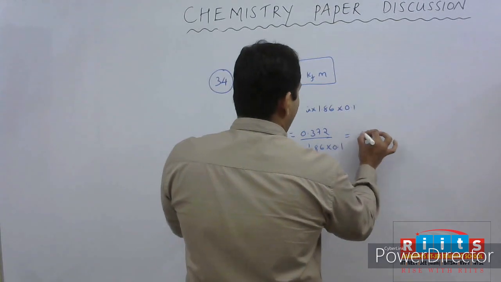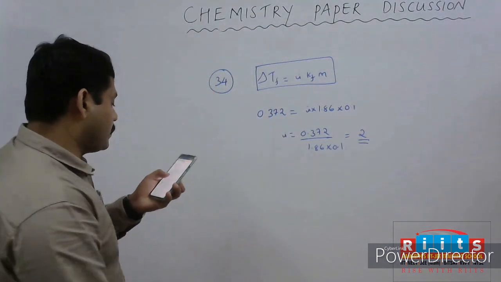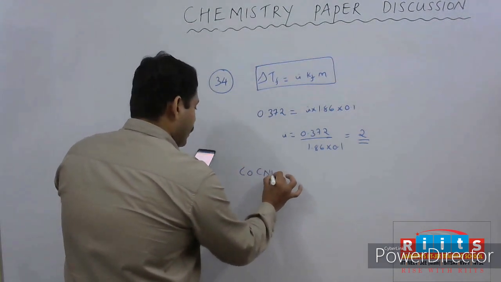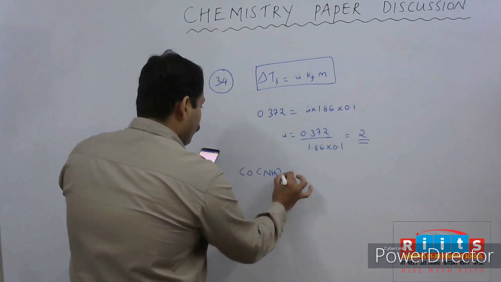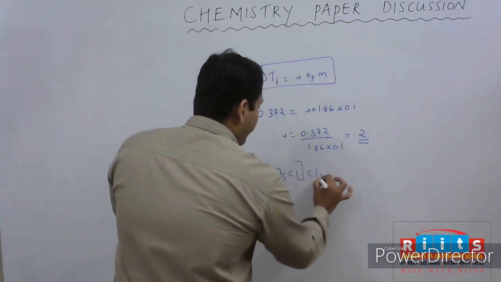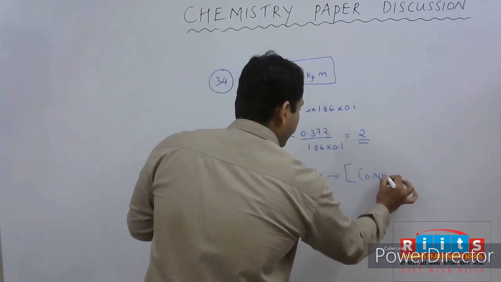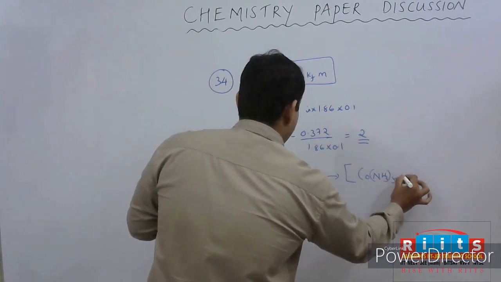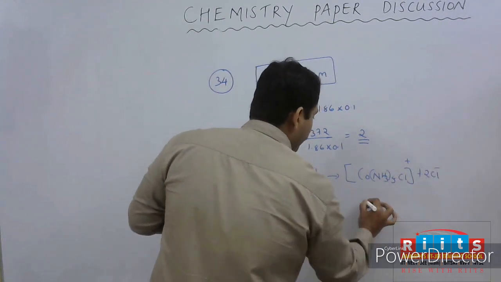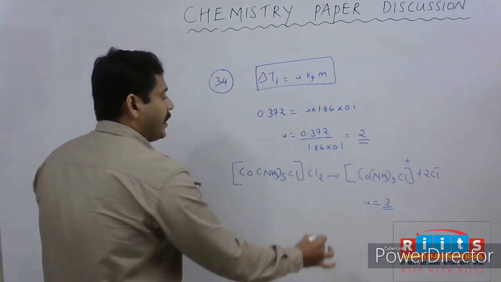So I will get 2 as the i value. Now I can take each option. For example, first take [Co(NH3)5Cl]Cl2. On ionization I will get [Co(NH3)5Cl]2+ and 2 Cl minus. So for complete dissociation the i value will be 3, so that is not the answer.